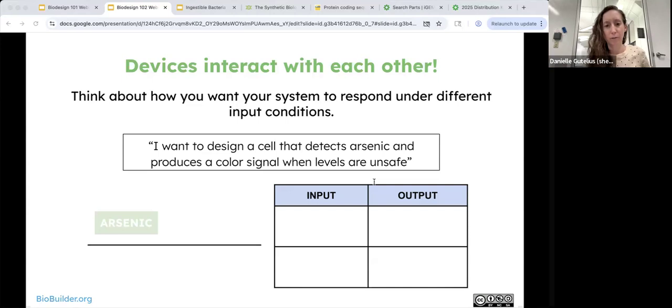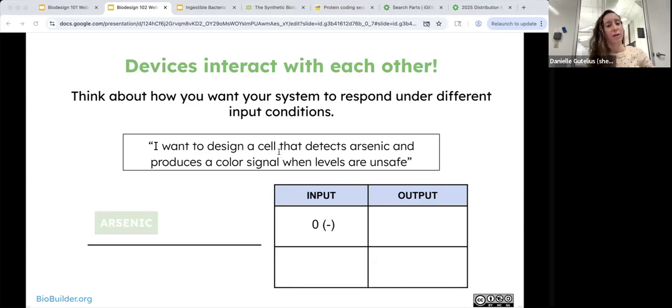Yes or no? What do we think? All right, I'm seeing some no. Yeah, so we would not want it to produce color if the arsenic levels are low.